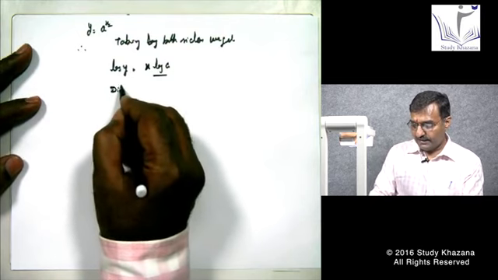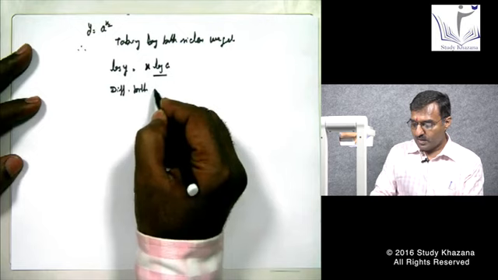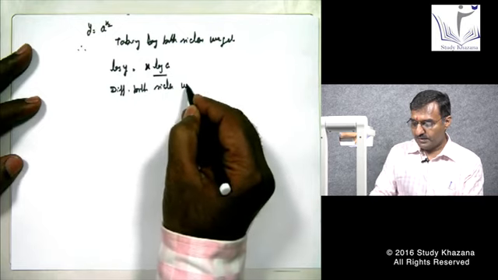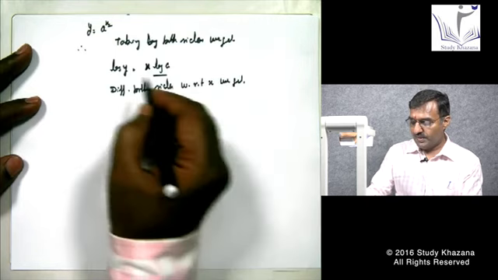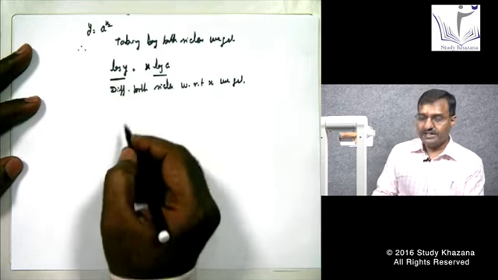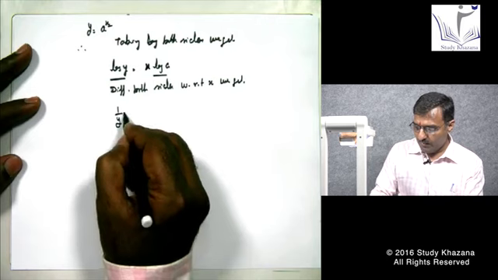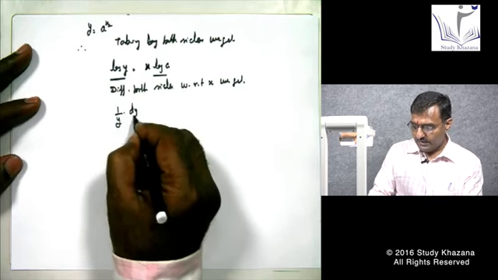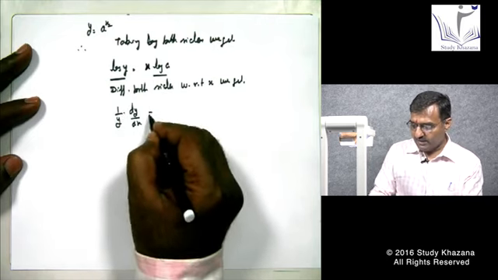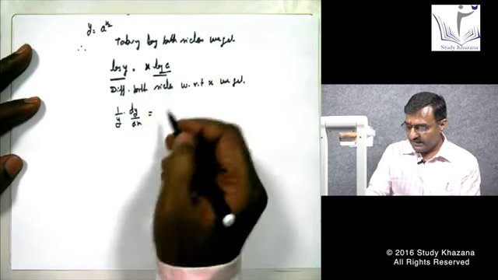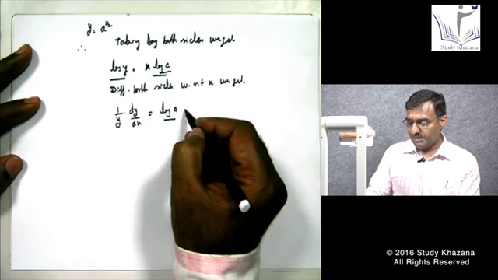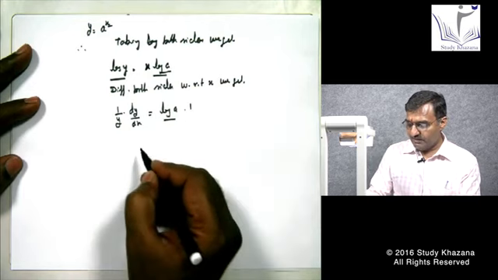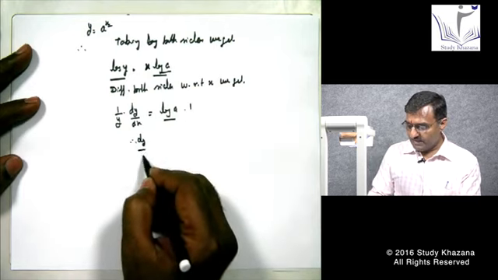Now here I will write, differentiating both sides with respect to x, we get, now what is the derivative of log? It is 1 upon y into dy by dx.